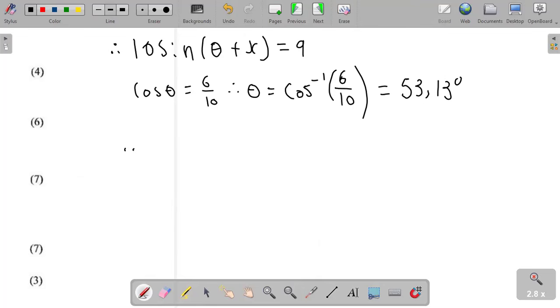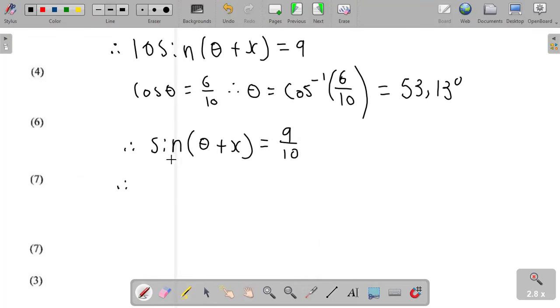So therefore sin(θ + x) equals 9 over 10.